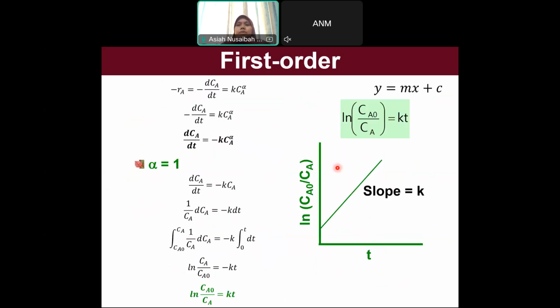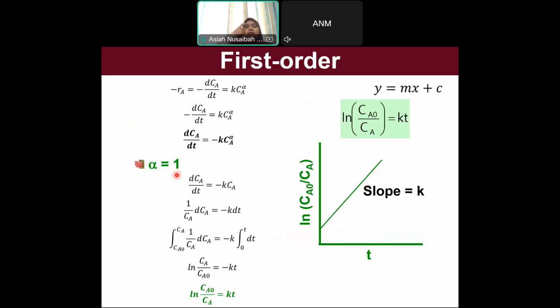Now, let's say we cannot yet justify whether the R squared is high or not, so we compare all orders. Let's proceed with first order. Similar to previously, we have dCA over dt equals minus k CA alpha. In this bolded equation, we will put alpha equals 1.